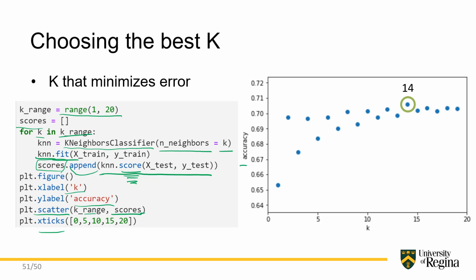So what we have here is that we can see that as the number of k increases, the accuracy kind of goes higher. On average, as the number of k goes high, we've got a better accuracy.